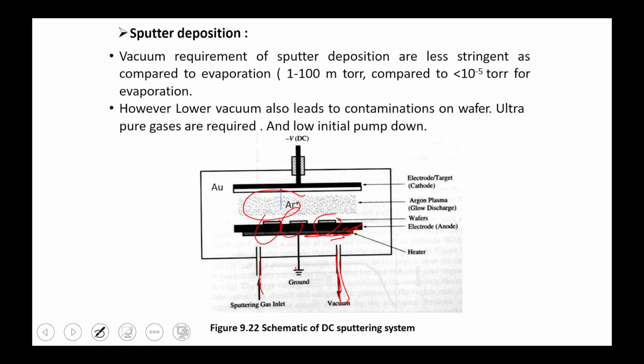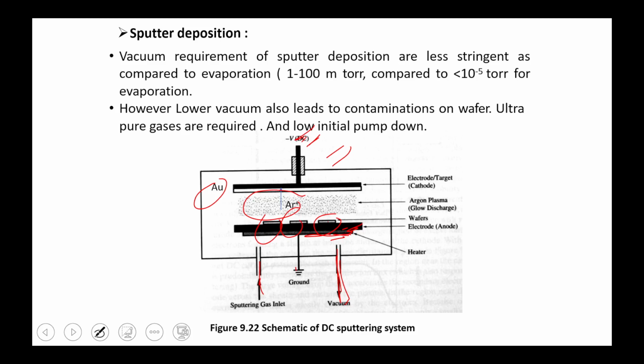So the metal will be at negative DC, and we have to give the ground and negative DC. They use the DC supply, and this is the Au. They use gold to deposit through sputtering. We supply the negative bias of the DC supply. They do not use the RF supply, they use DC. In the case of metal, we use the DC supply.